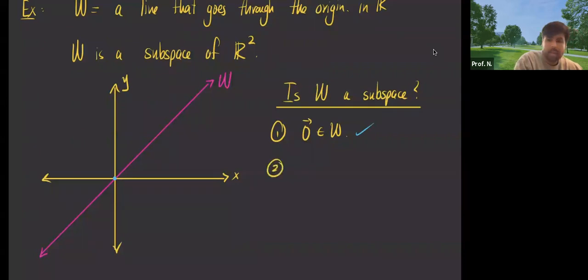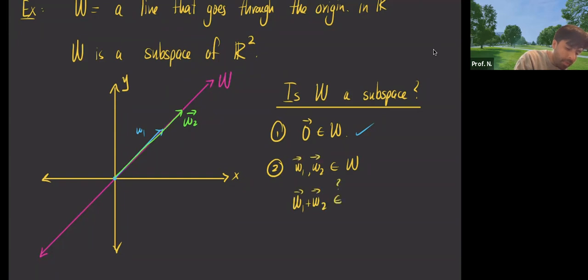Second, what would be the second thing? If I have two vectors, W1, W2, in W, so what does that mean? So if I have a vector here, I'm gonna call this vector W1. And if I have another vector, and I call this W2, what happens when I add W1 plus W2?